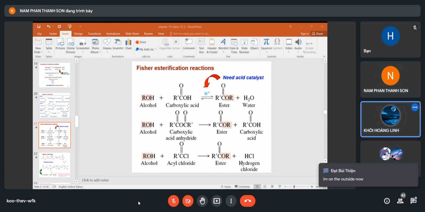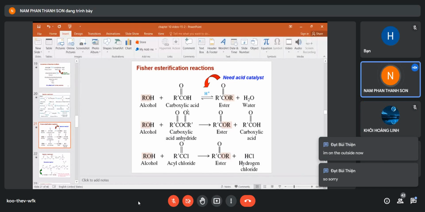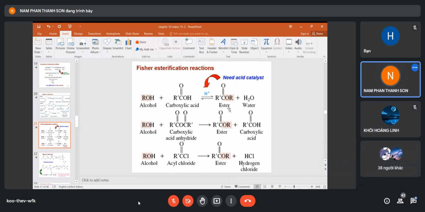Yeah, yes. Okay, so look at the esterification reaction between alcohol and carboxylic acid. Can you tell your friend how we increase the yield of the ester? If you want to have more ester, what should we do?